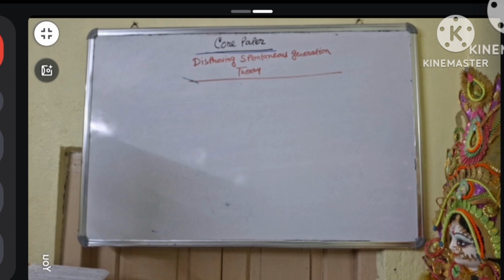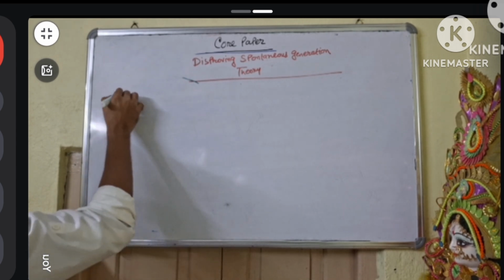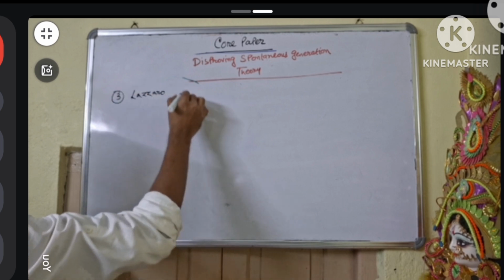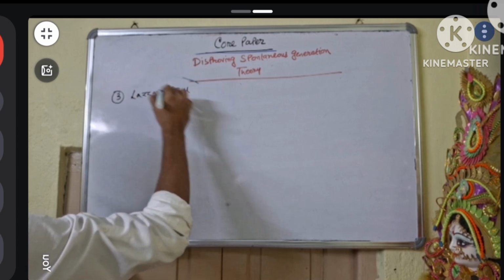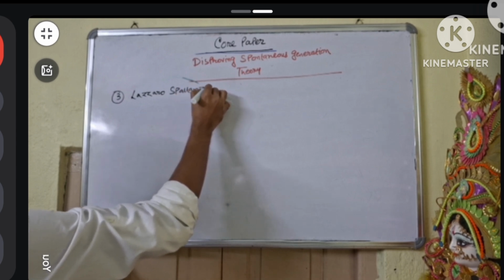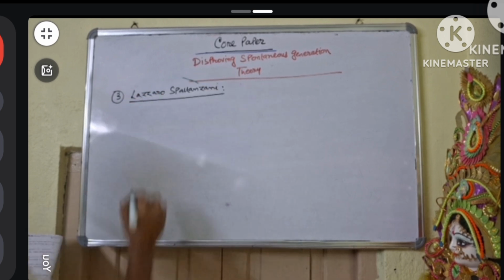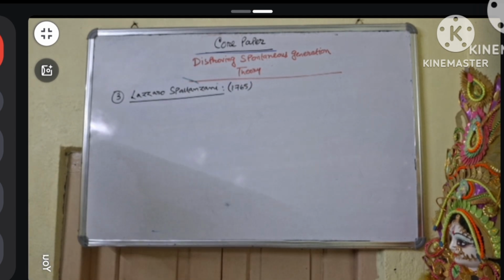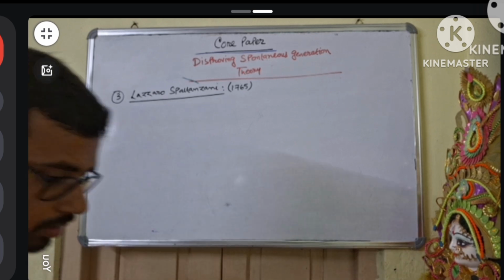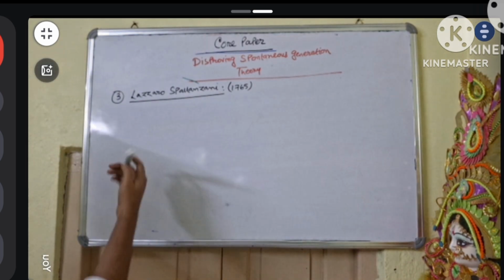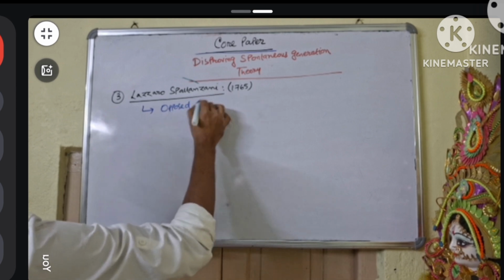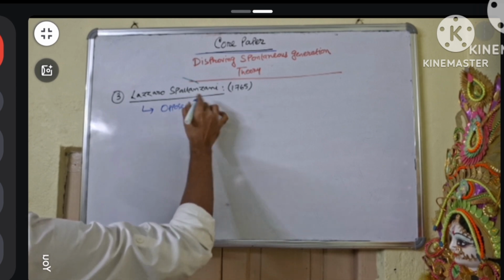Spallanzani, scientist number 3, year 1765. He completely opposed the Needham experiment.